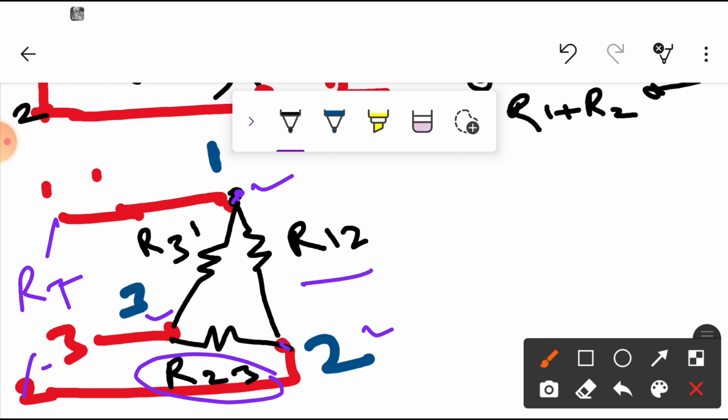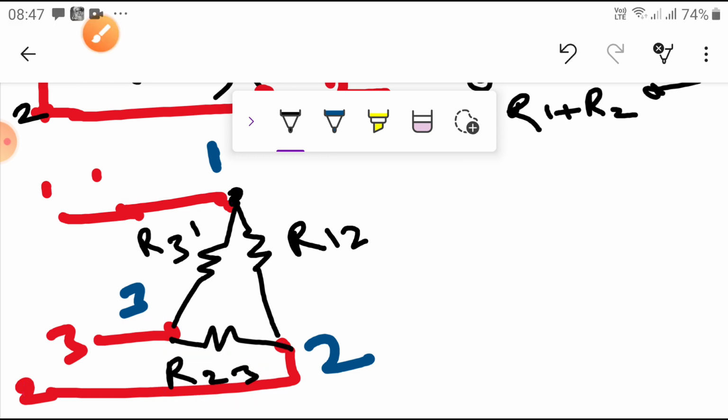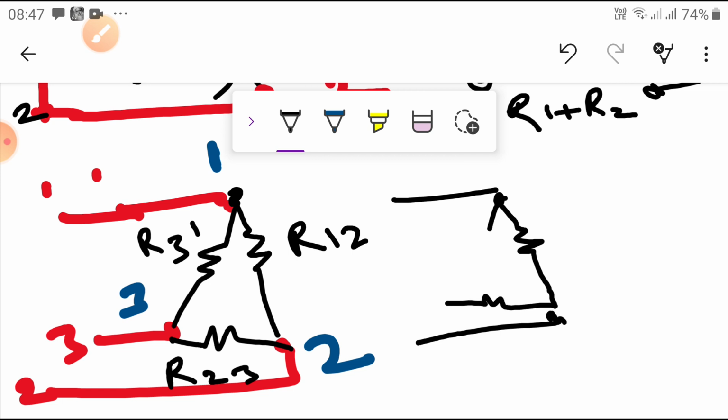So we have seen these terminals 1 and 2. Then this can be simplified. How are we going to simplify it? Similarly, current is coming in at node 1, here a resistance is connected and that resistance is connected, and this goes to 2. Now another resistance is connected here, and a resistor here. This is the third point. That means I want to know the equivalent resistance across terminals 1 and 2.